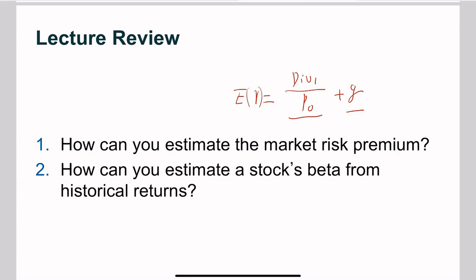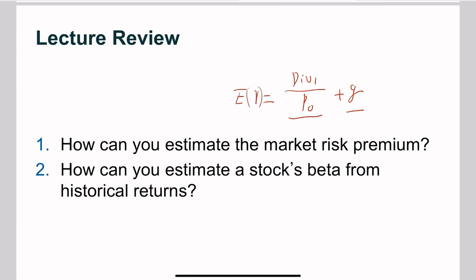Second, how can you estimate a stock's beta from historical returns? So as I said, you will have to use a statistical process, which is called linear regression. And to learn about this, you have to take a course in econometrics if you're in business and economics, or a course in classical machine learning if you're in engineering.